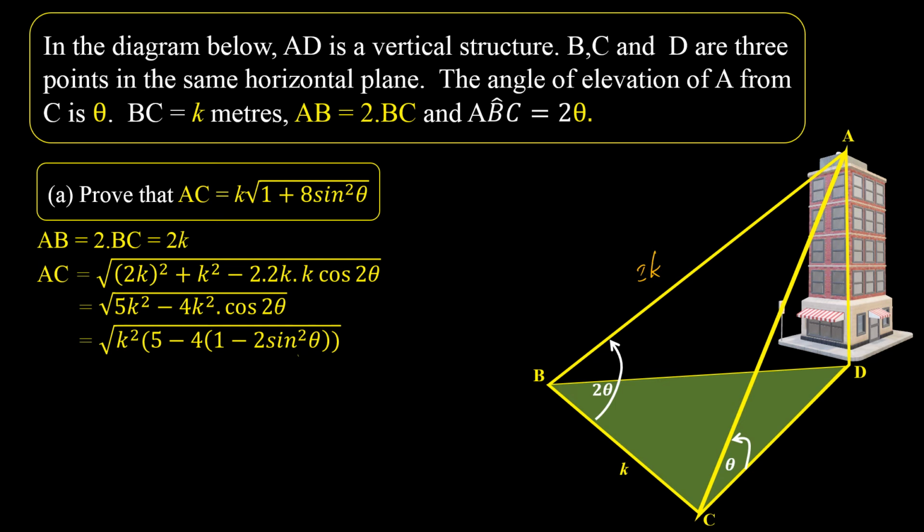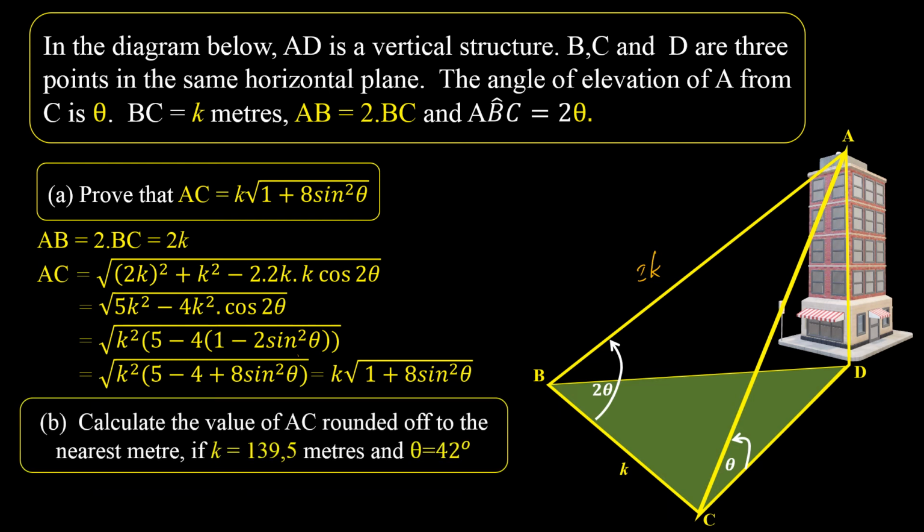Why do we do that? We don't need any 2 theta in our answer. It is sine square. So we use the option with 1 minus 2 sine square theta in the place of cos 2 theta. Again, remove the bracket, and the square root of k square is k. Inside the square root, you get 1 plus 8 sine square theta. That is what we want.